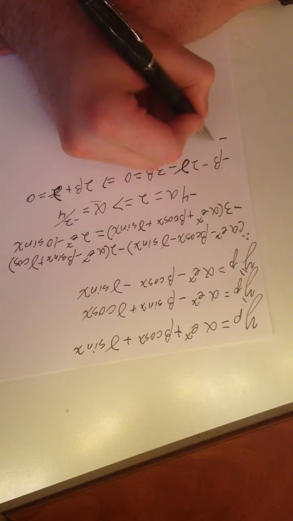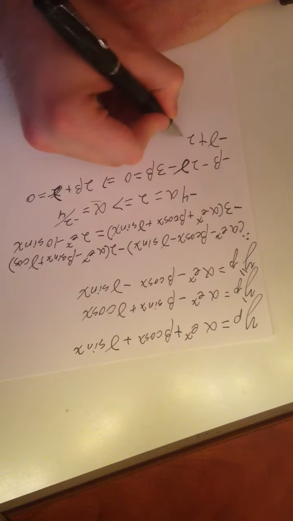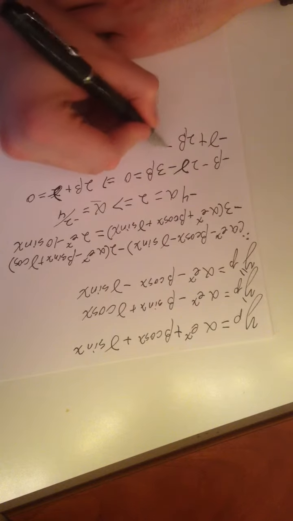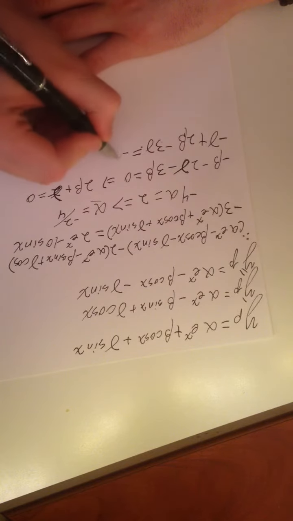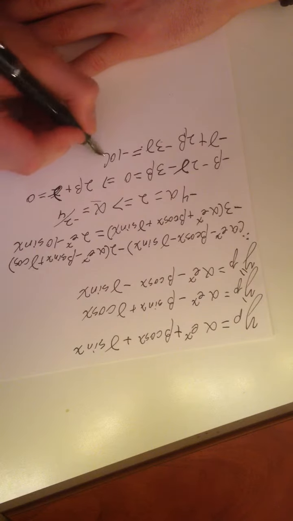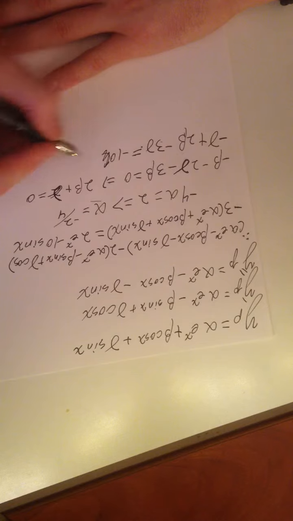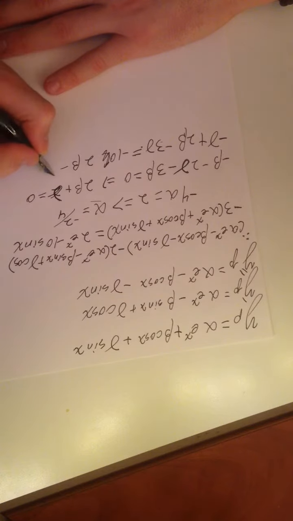The other equation we can get is negative gamma plus 2 beta minus 3 gamma is equal to negative 10, which can be rewritten as 2 beta minus 4 gamma equals negative 10.